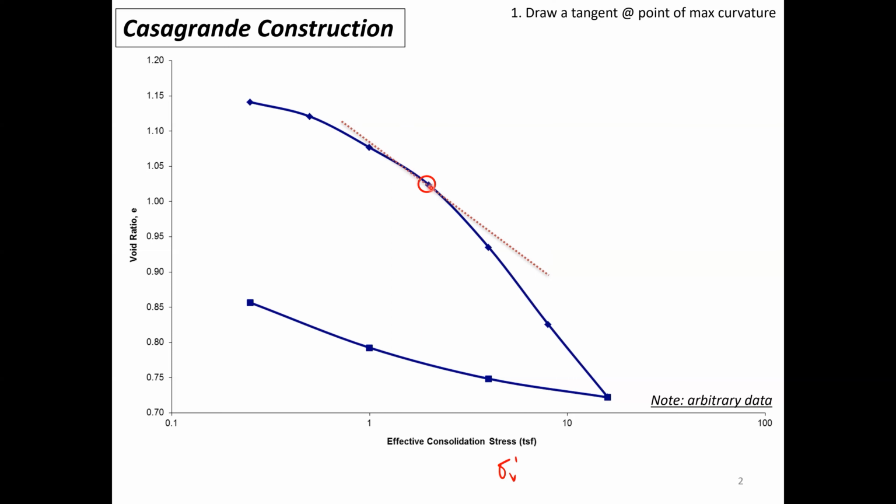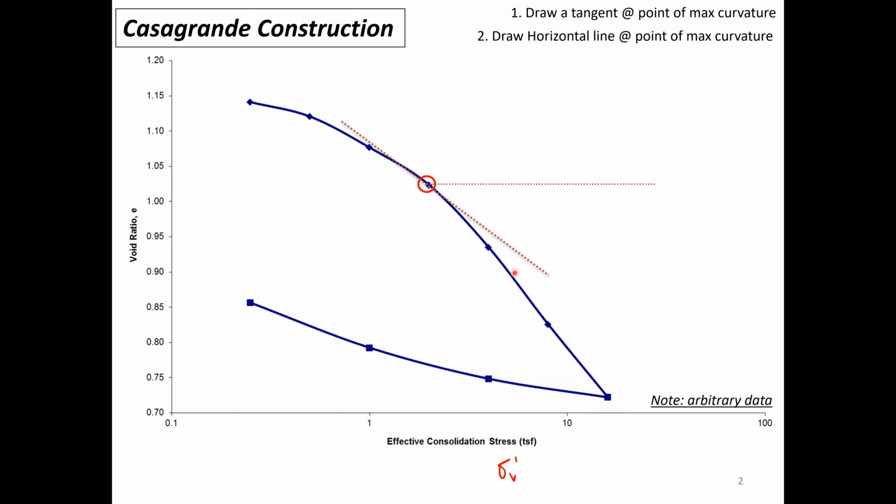Once you identify it, for this example here, draw a tangent line, and again this tangent line should give you the greatest slope of all the tangents when you try to fit through this curve here.